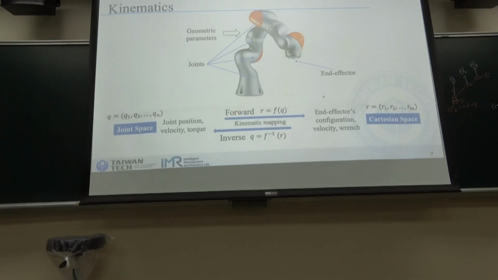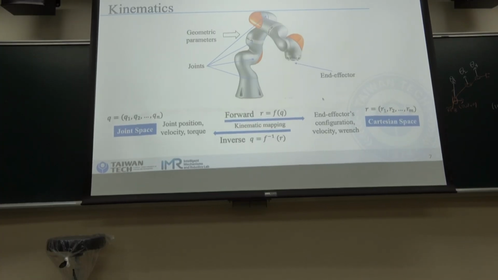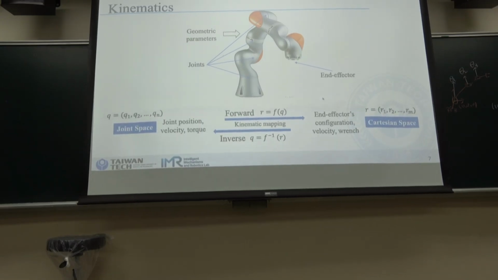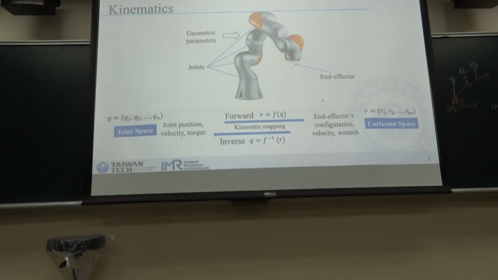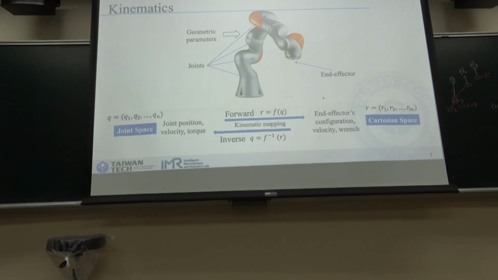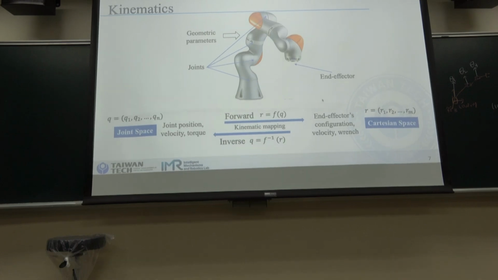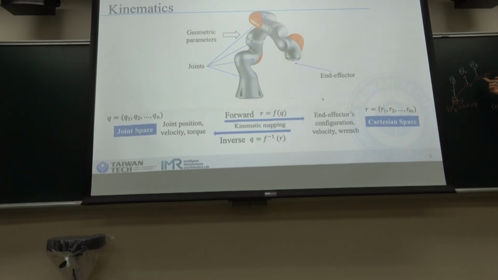From 10, 5, 17, we transfer back to theta 1, theta 2 and theta 3. So this is inverse kinematics. If we already have an aiming position or aiming configuration, we want our robot to move to the configuration we want, and this is through the inverse kinematics.